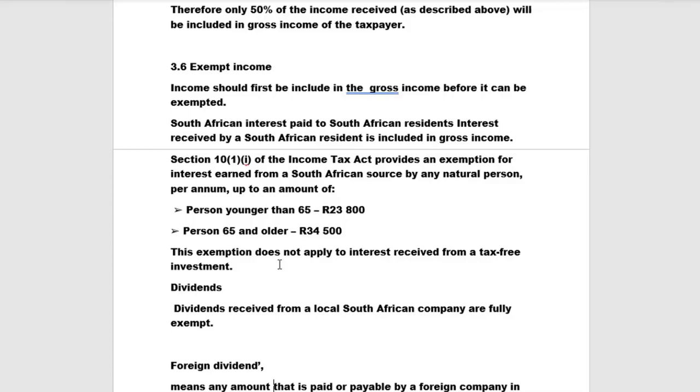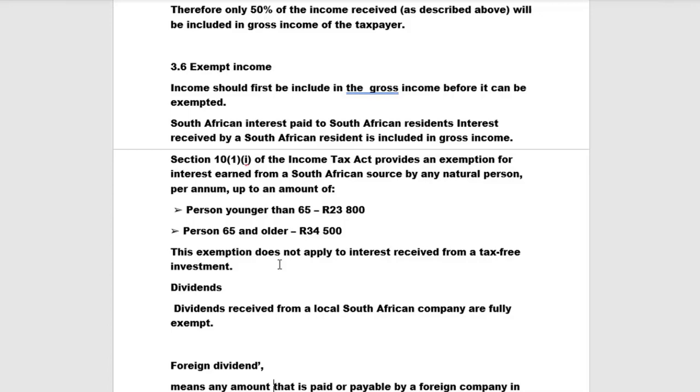Section 10(1)(i) of the Income Tax Act. By the way, you are not allowed to mention, it's not compulsory, you're not compelled to stipulate sections. Section 10(1)(i) of the Income Tax Act provides an exemption for the interest earned from a South African source by a natural person per annum, up to an amount of 23,800 for a person younger than 65, that's the limit.